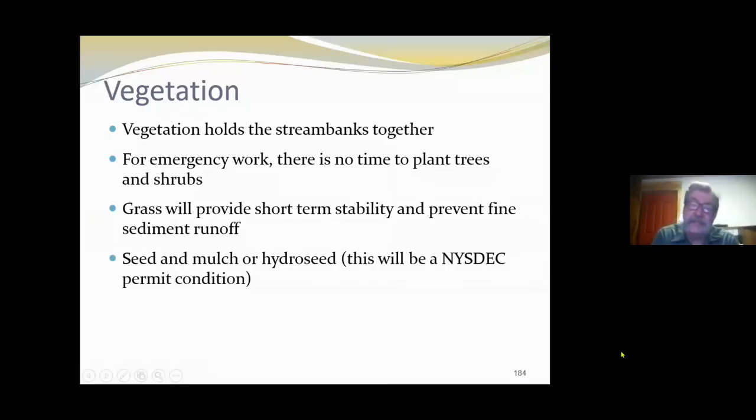Vegetation, as I just mentioned, is extremely valuable. That holds the stream bank together. As Jeff was talking about how the stream lays down its material, that kind of tiling of the material, that's all held together.